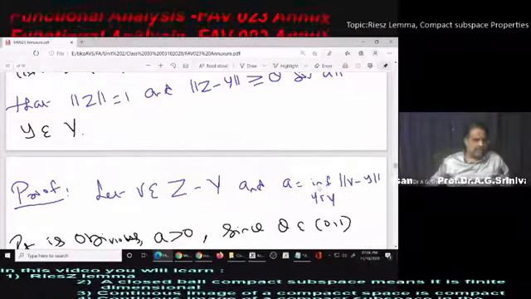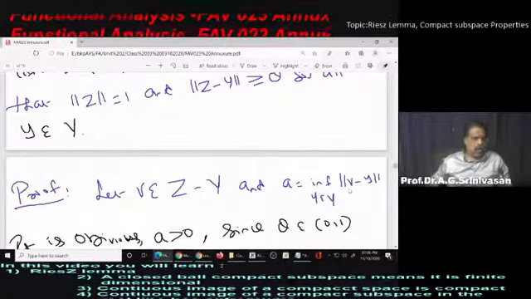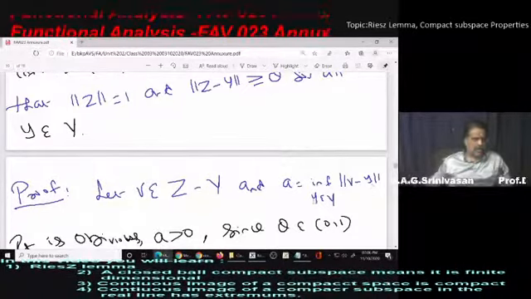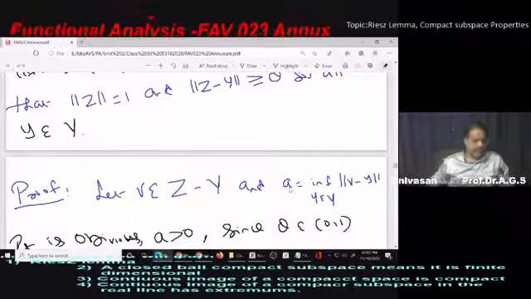So what is the infimum of this? Infimum of all norm v minus y as y belongs to Y, and this is called a.